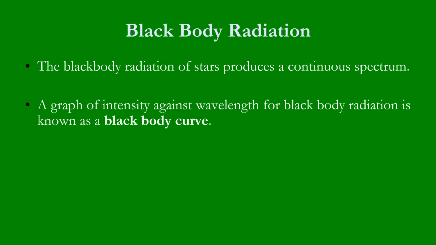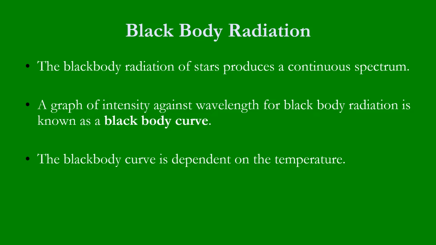So you can plot a curve of black body radiation. Essentially what you plot is the intensity versus the wavelength, and it's known as a black body curve. And it's dependent on the temperature. In some of the lessons previously, we talked about bluer stars being much hotter in comparison to a yellower star like our sun.